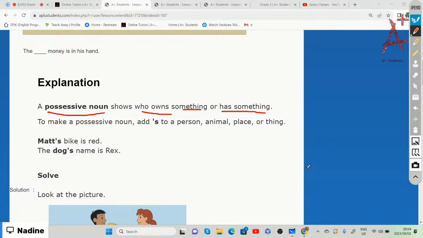It is Mike's ball. It is Jake's bicycle, right? So it basically shows possession.